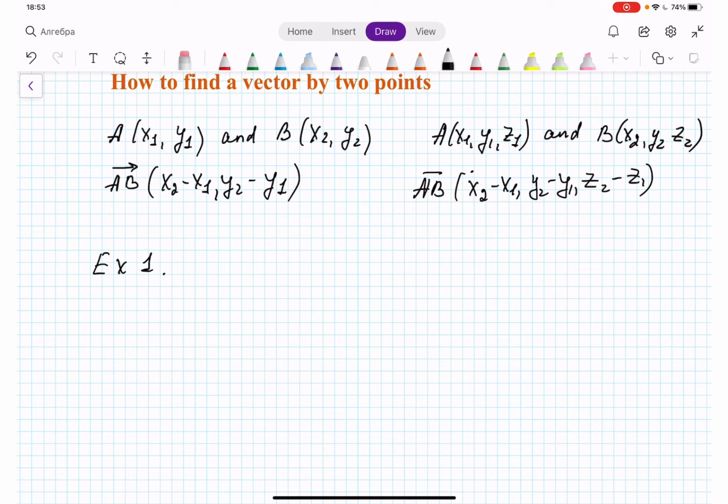We have point A on the plane. Since it's on the plane, we are dealing with 2D, but if it's in space, we are dealing with 3D, right? A has coordinates 2, 1, and point B has coordinates -2 and 3.